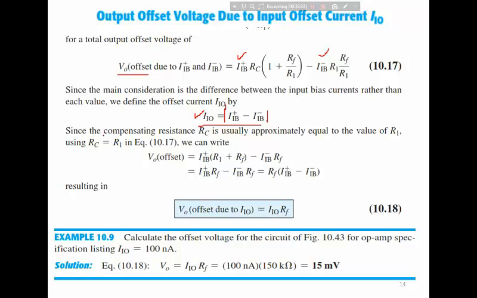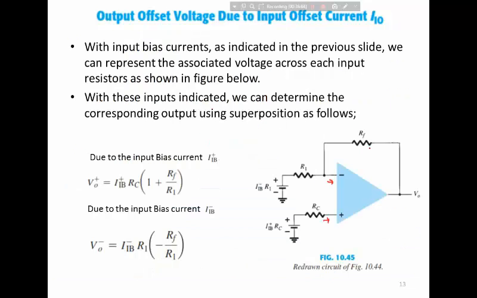Secondly, the compensating resistor RC is usually approximately equal to R1. These two resistors are chosen to be approximately equal.